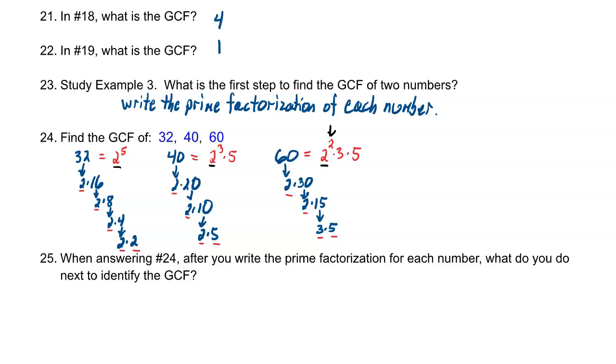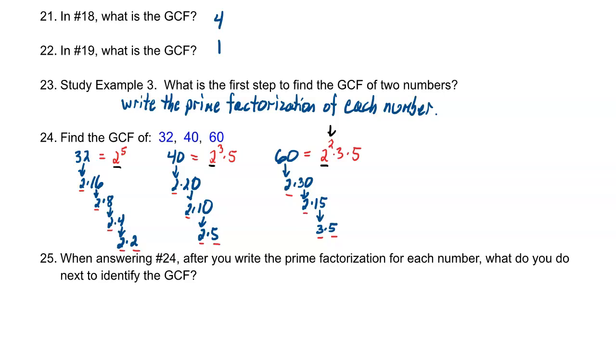That's in this last one, 2 to the 2nd power. 2 is the only common factor in all lists. The number 40 has a factor of 5, but the number 32 does not. The number 60 has a factor of 3, but the number 32 and the number 40 do not.